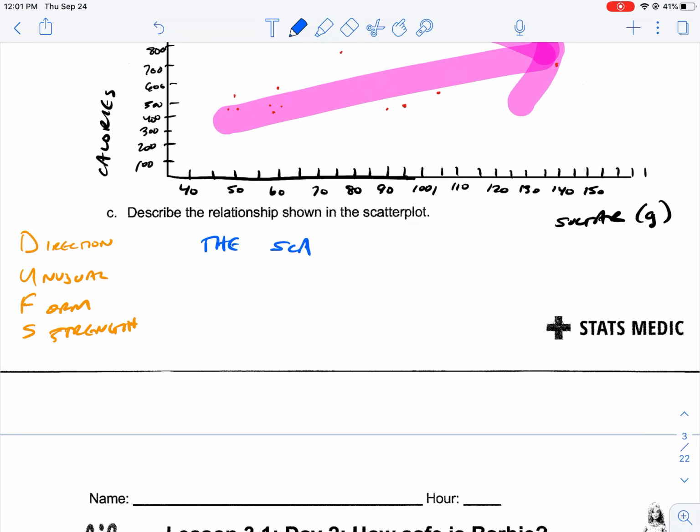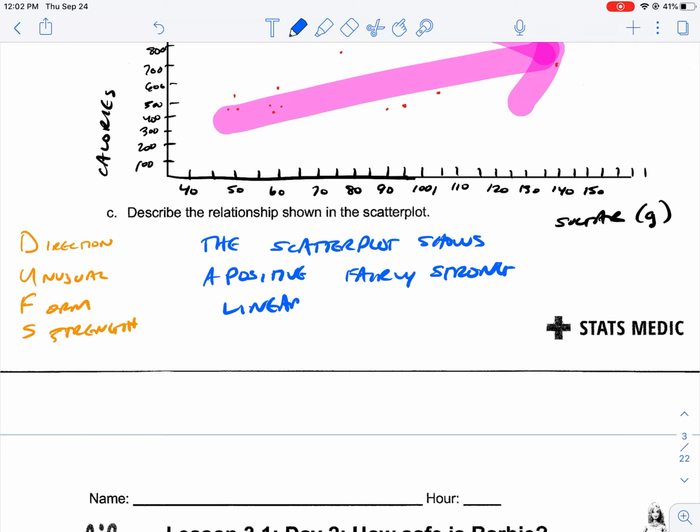So the scatter plot shows a positive, fairly strong, linear relationship between sugar in grams and calories.